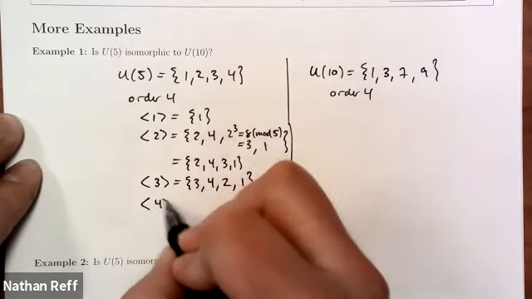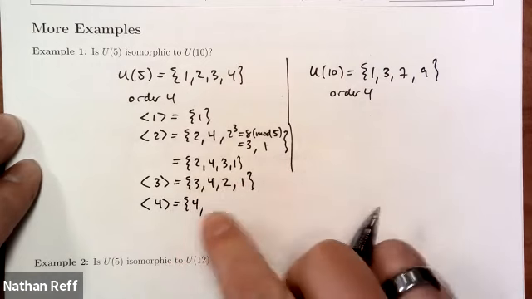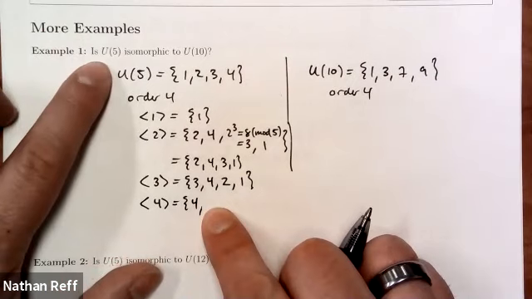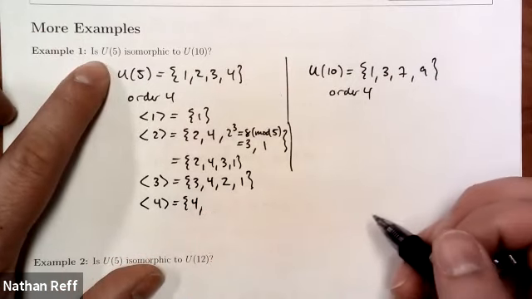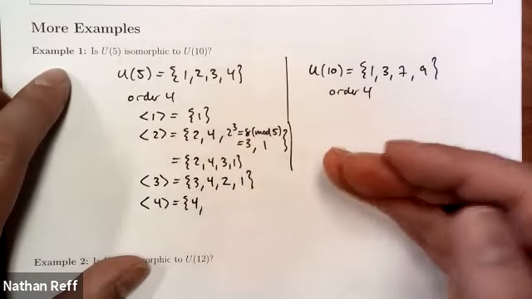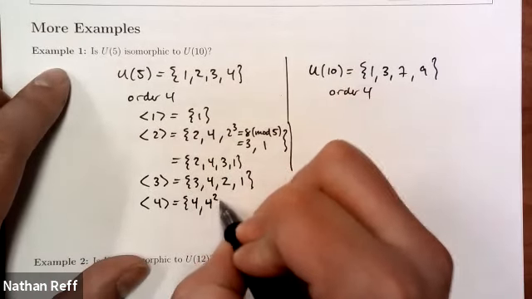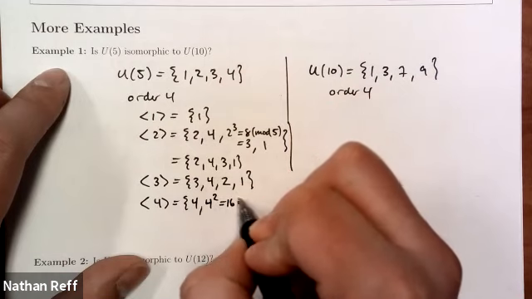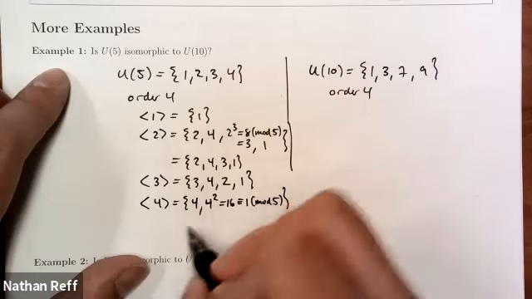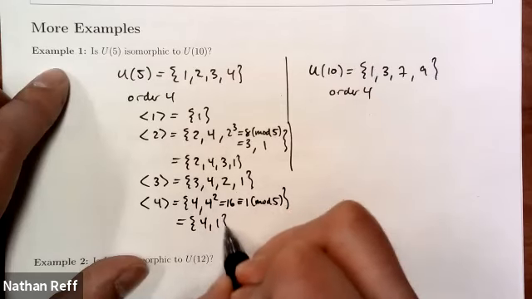Okay, that 4. 4 squared is 16. Modulo 5 is 1, right? Is everyone okay with that? 4 squared is 16, which is congruent to 1 mod 5. So you really only end up with 4 and 1 here.